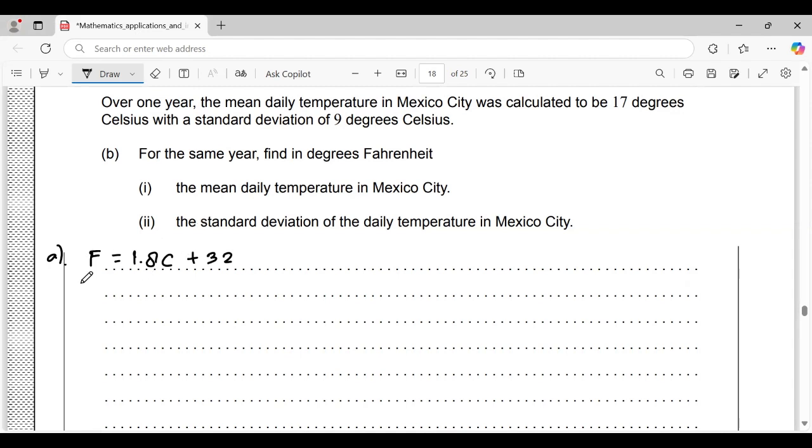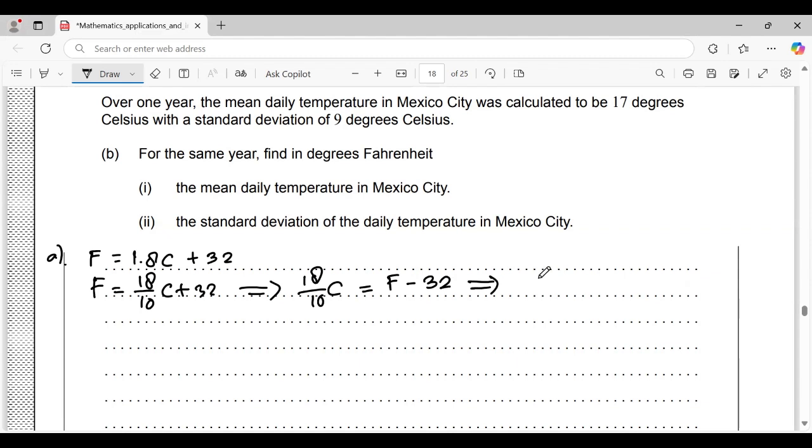With C as the subject, we can arrange it: 18 over 10 C equals F minus 32.